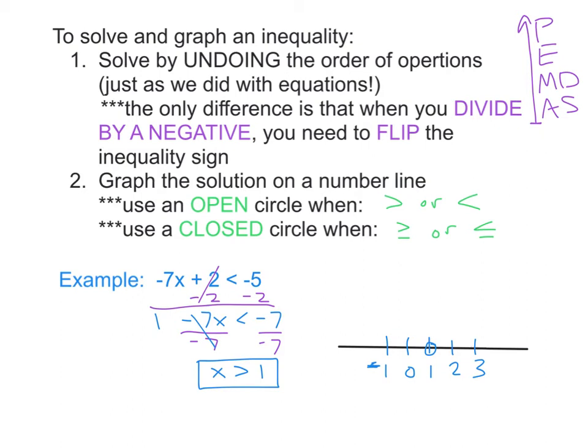Give me one example of a number that's greater than 1. 2, right? So we know that 2 is part of the solution, so obviously the shading is going to need to go this direction. You can test out a point and see if it would be true. We're going to shade that direction, again, infinitely. Those are all of my solutions.